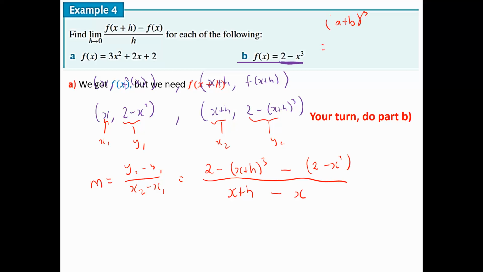Anyone remember? Expansion of perfect cubes. Isn't it like a to the power 3 plus a to the power 2 b plus b to the power 2 a plus b to the power 3?